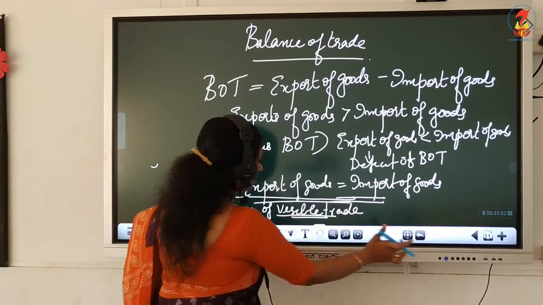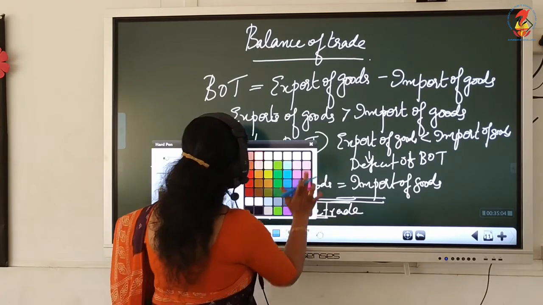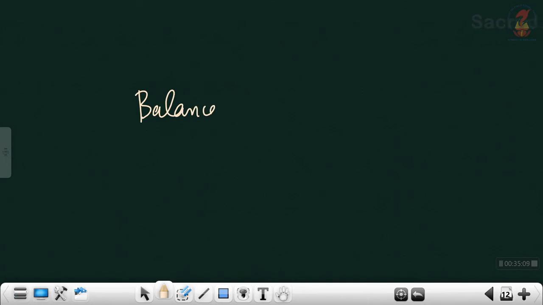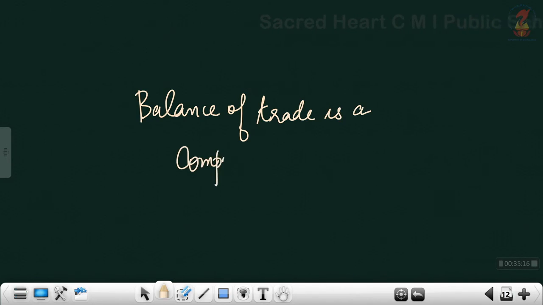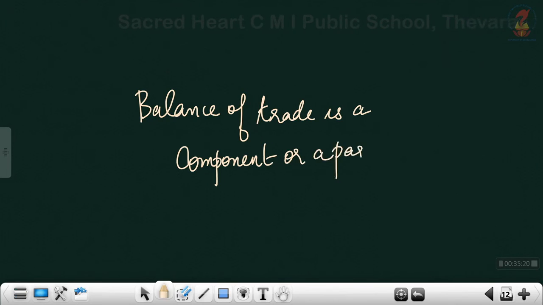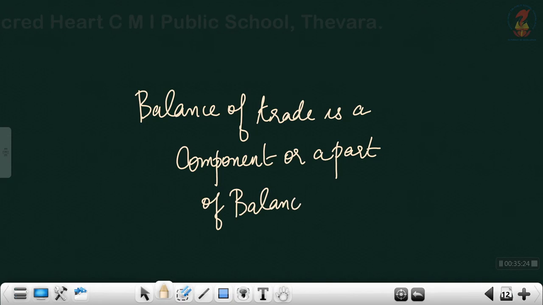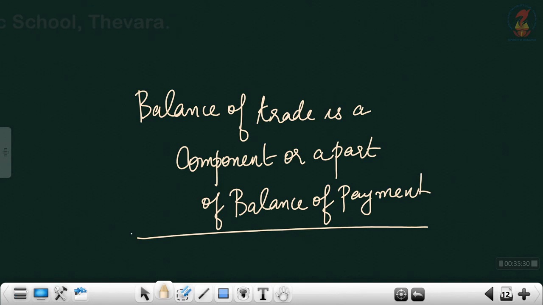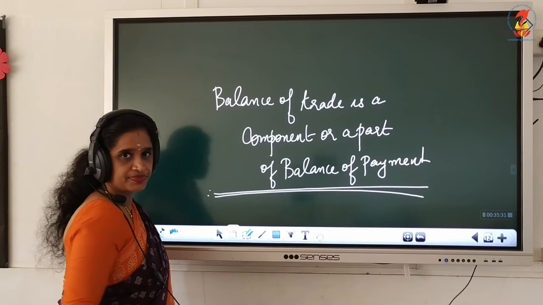It is a very important point to be noted. Balance of trade is a component or a part of balance of payment. Right?